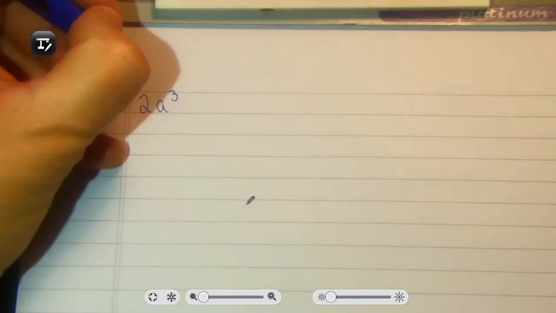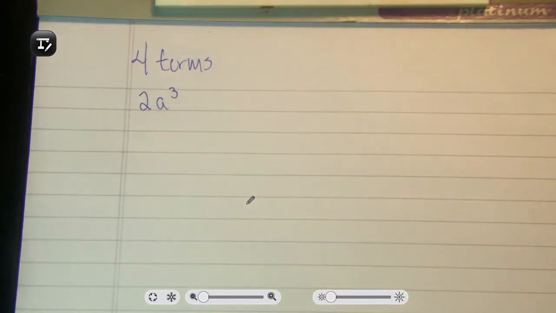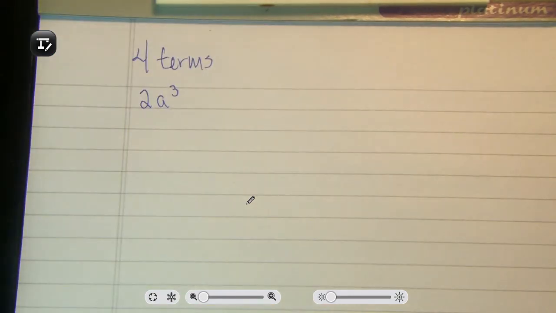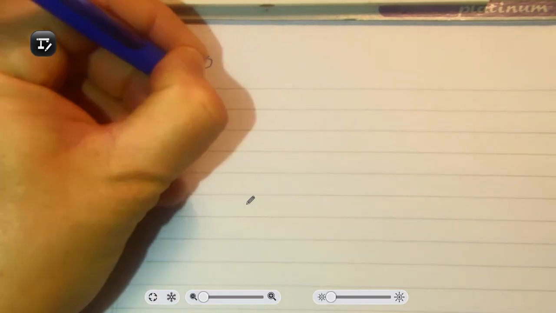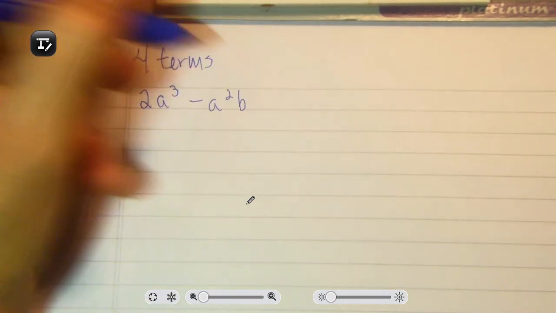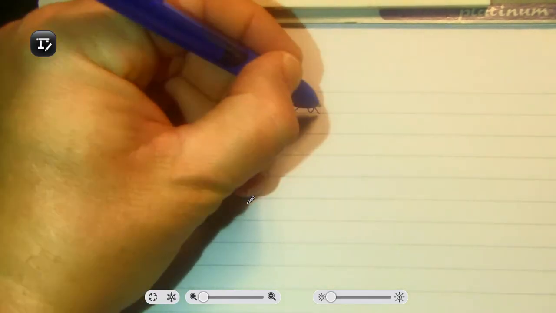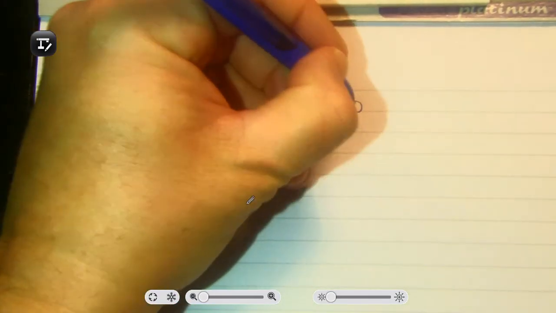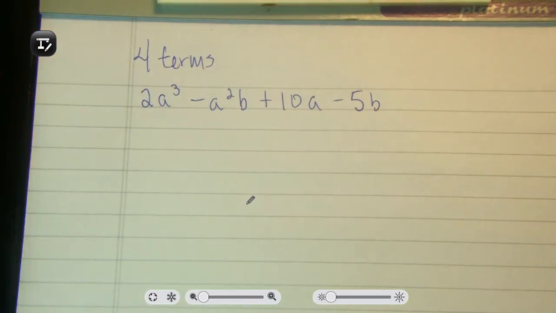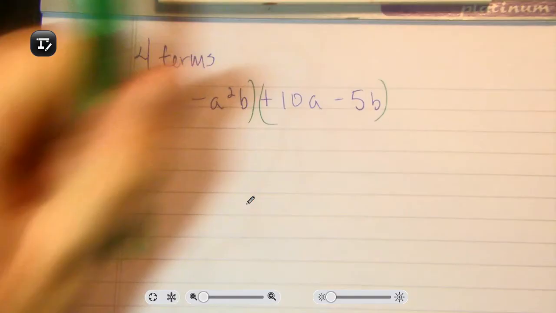Now remember, this one has 4 terms, and if it has 4 terms, then it's probably going to be factor by grouping. It could be prime, but everything that I'm probably going to give you is going to be factor by grouping. So remember how we do the factor by grouping. You're just going to pair them off into 2 sets of binomials, just like that.